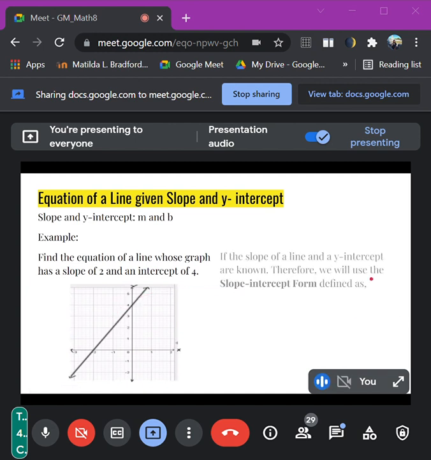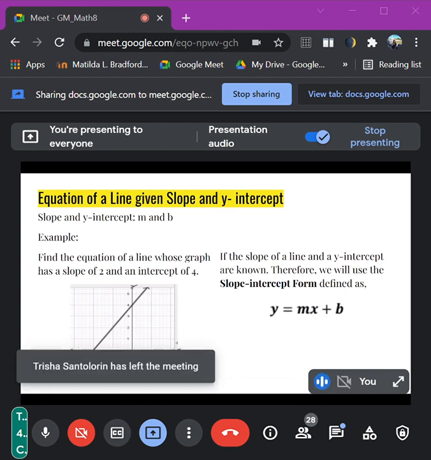If the slope of a line and a y-intercept are known, therefore we can use the slope-intercept form, which is y is equals to mx plus b. Okay?